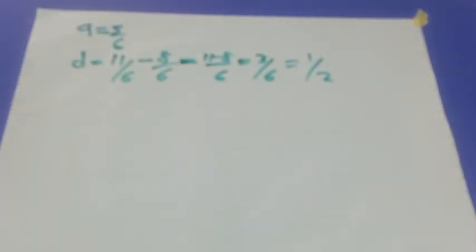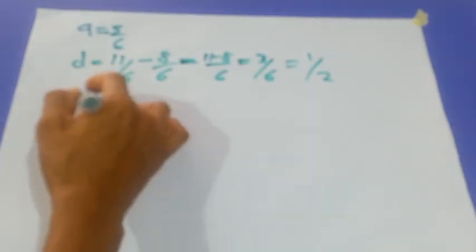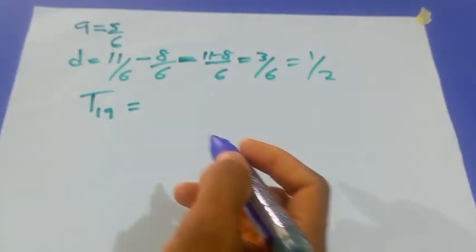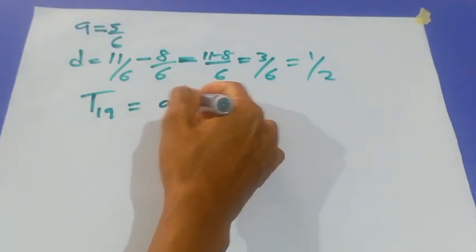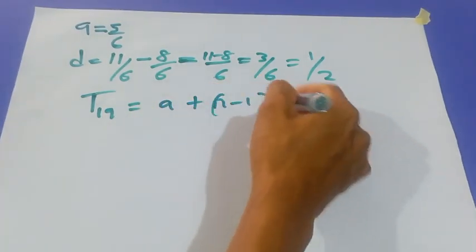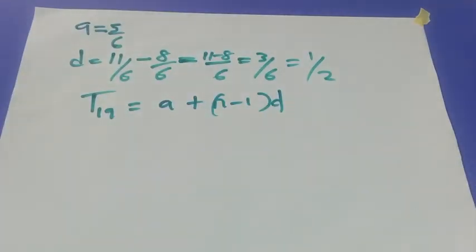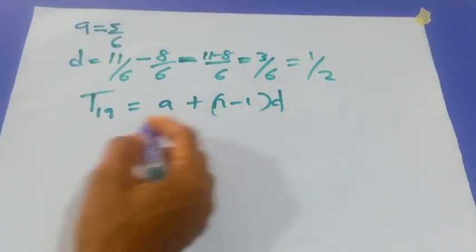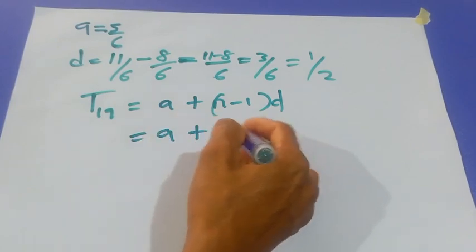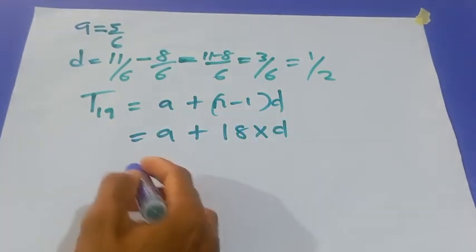Then we can go ahead and apply the formula. Remember, we are looking for T19, and this is for an AP. We use A plus N minus 1 bracket the common difference. In this case, since it's 19, 19 minus 1, we have it as A plus 18 times the common difference.